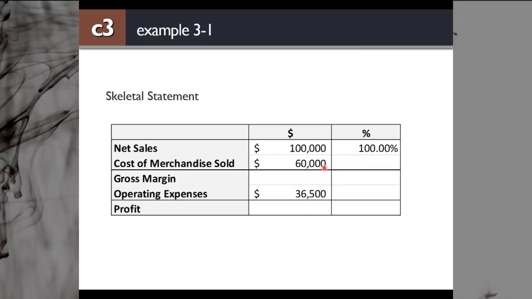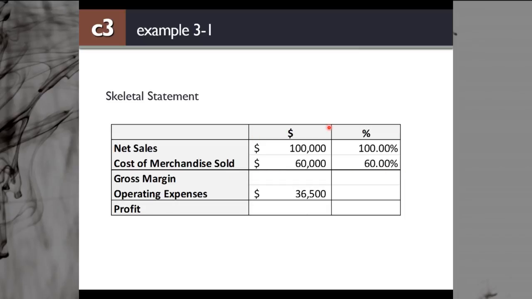The cost of merchandise sold percentage can be calculated as the dollar amount of the cost of merchandise sold divided by net sales. That is 60,000 divided by 100,000, and you will get 60%. That means that 60% of your net sales were spent on cost of merchandise sold.